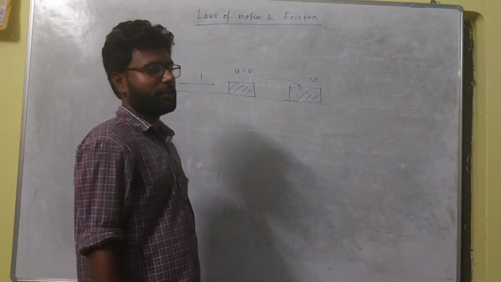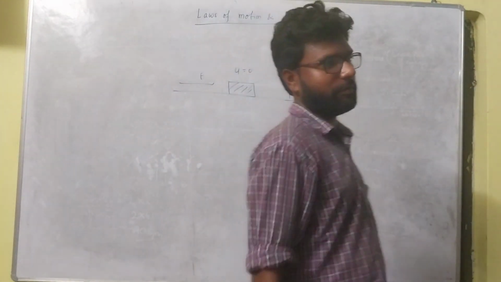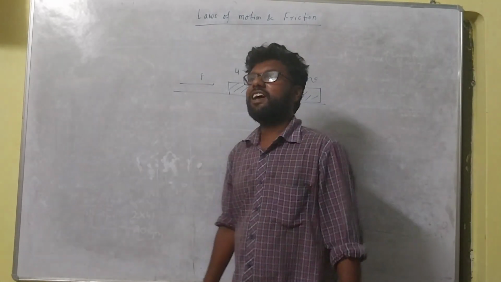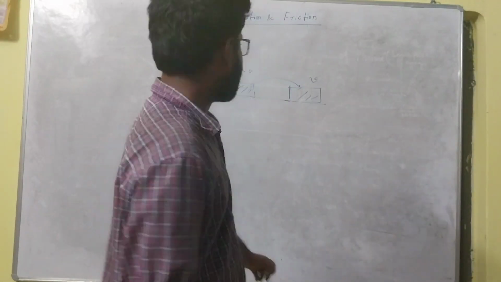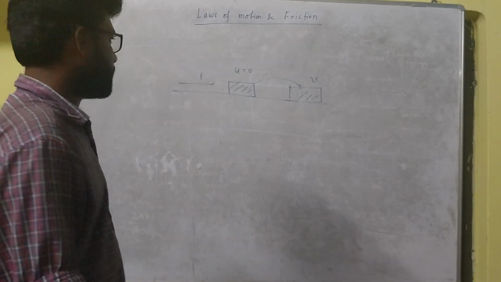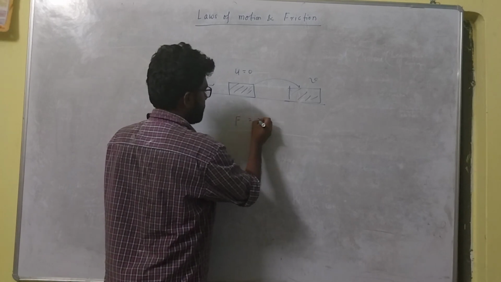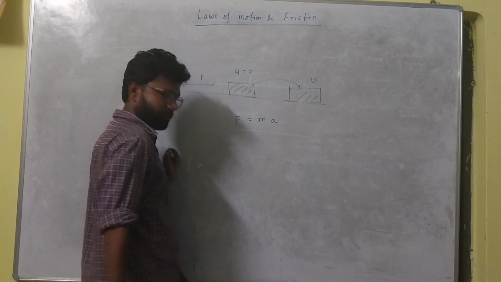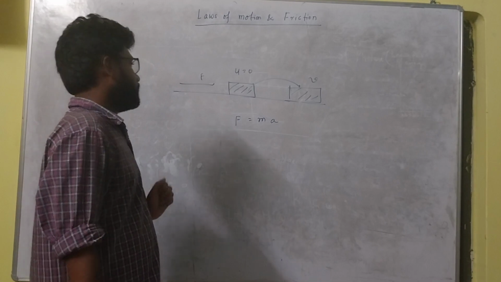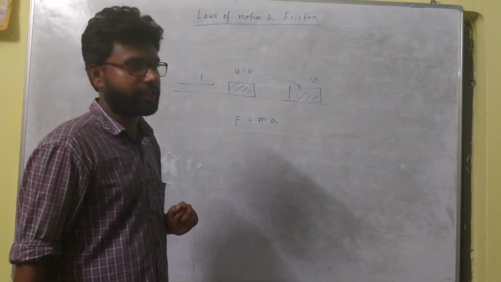But change of velocity means what? Acceleration. And all of you know from your previous classes that acceleration depends on the force and the mass of an object. That means force equals mass into acceleration, F = ma. All of you know the force and the acceleration are vector quantities.